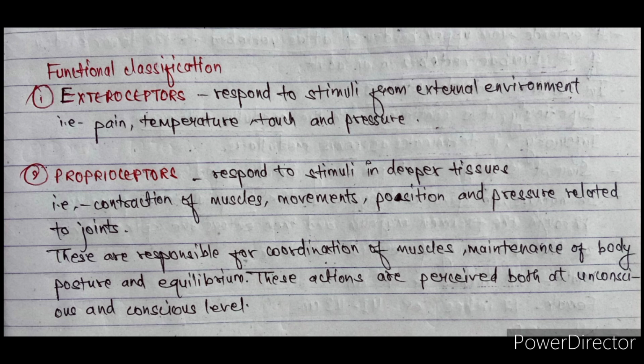First, exteroceptors. The exteroceptors respond to stimuli from the external environment, that is pain, temperature, touch and pressure. Second is proprioceptors, which respond to stimuli in deeper tissues, that is contraction of muscles, movements, position and pressure related to joints.